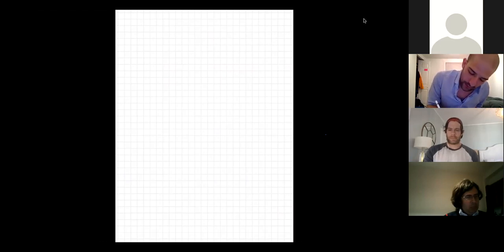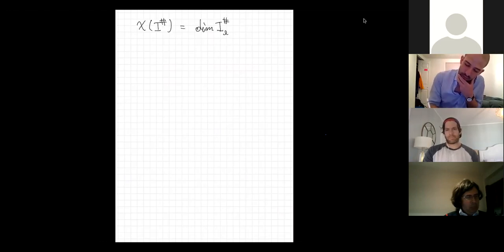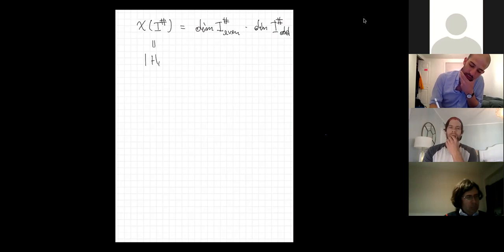In particular, Scaduto proved that if you compute the Euler characteristic of I sharp, meaning the dimension of the even part minus the dimension of the odd part, then indeed, exactly like in Heegaard Floer, you get H1 of the three-manifold, with Z coefficients.